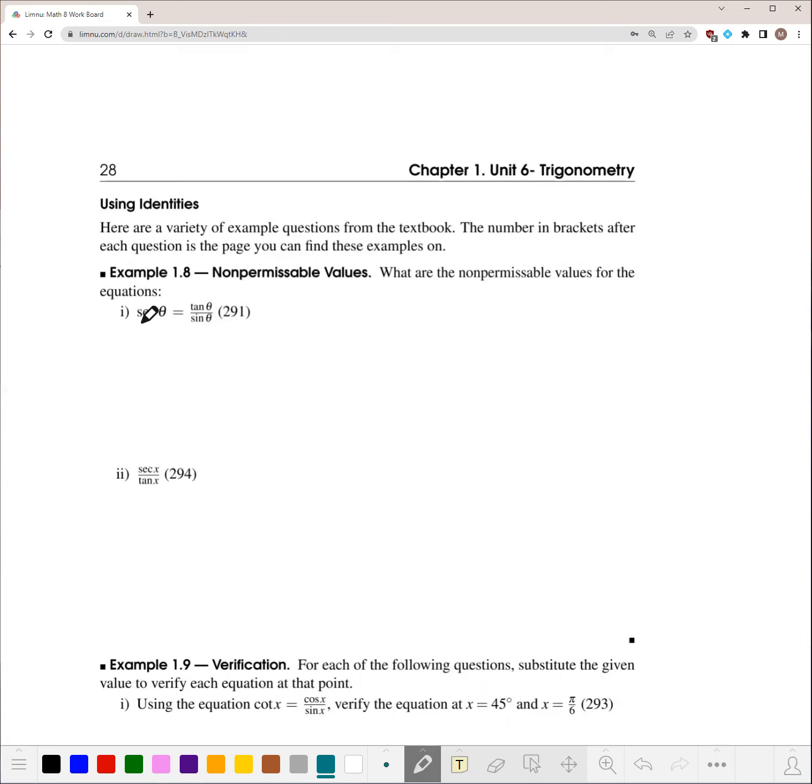Okay, so let's do one piece at a time here. Secant x is equal to 1 over cosine theta, or secant theta equals this. So we can say then that cos theta cannot equal 0. And when does cos theta equal 0? Well, it's equal to 0 at pi over 2 and 3 pi over 2.